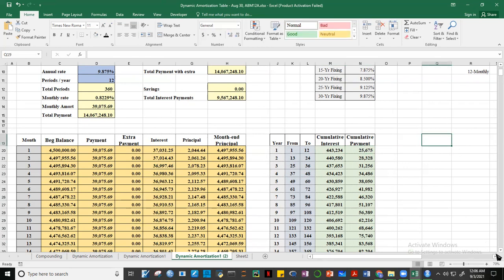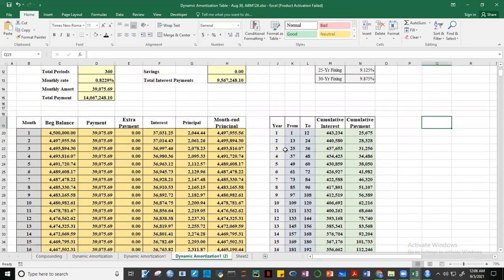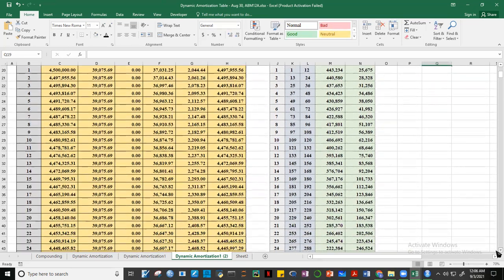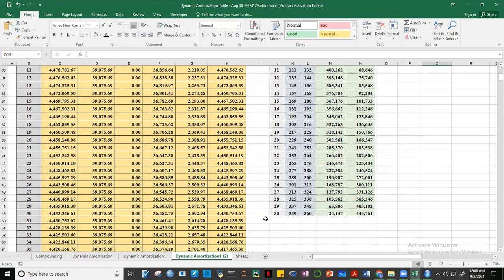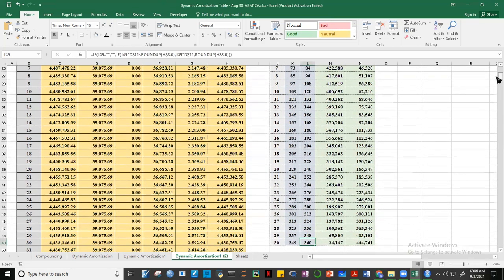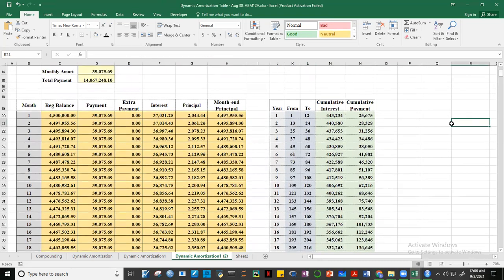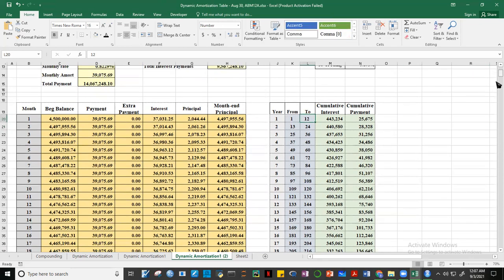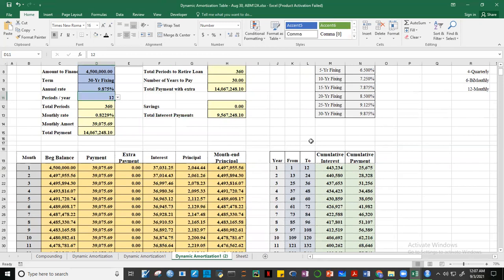And then if you inspect the numbers here, okay, sa year 2, the month is from 13 to 24. Sa year 3, it's from 25 up to 36. Okay, sa year 30, okay, it's from 349 up to 360. Okay, notice the pattern here, no? May pattern to. Yung 2 will always be our frequency, which is 12 times the year, no?